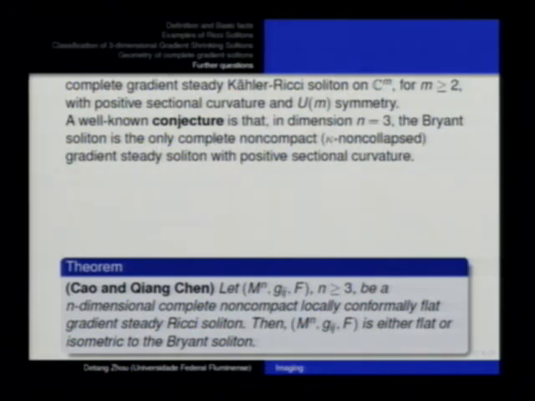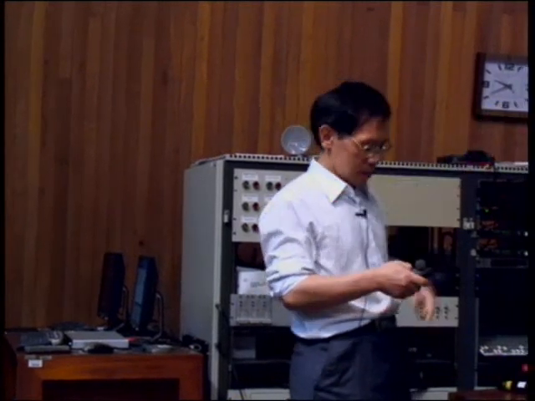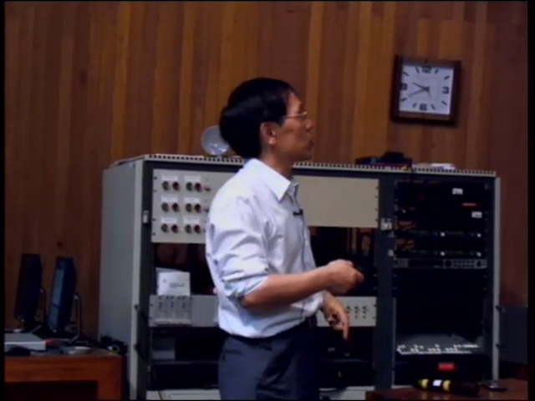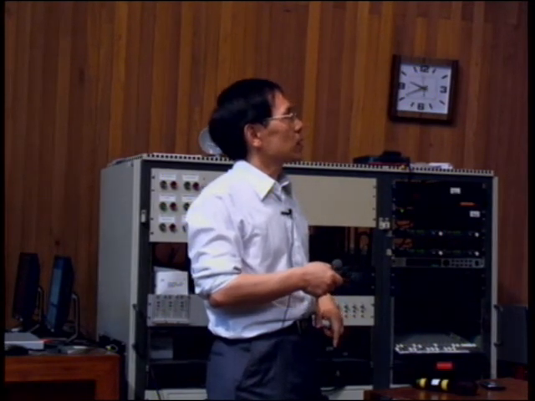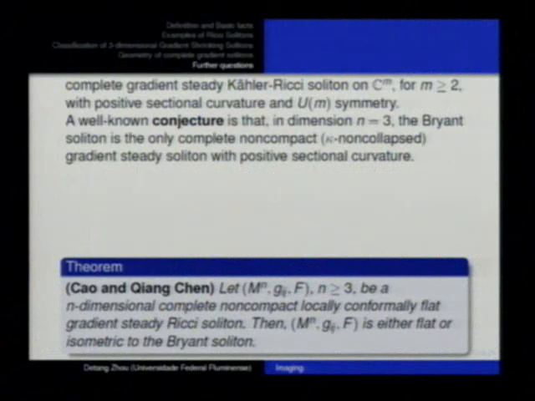So people try to work out the proof, but it seems that's not so trivial. So up to now, we have Huaidong Cao and Qiang Chen proved that, actually they start with the three-dimensional case. Even if we just look at the three-dimensional case of this result: if it is conformally flat, then it is either flat or the Bryant soliton.